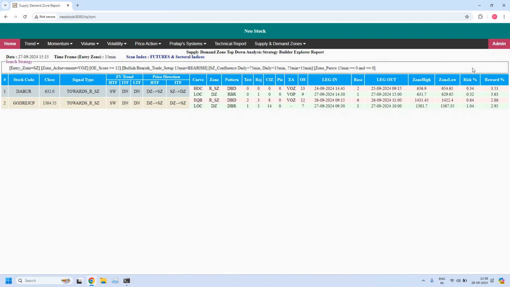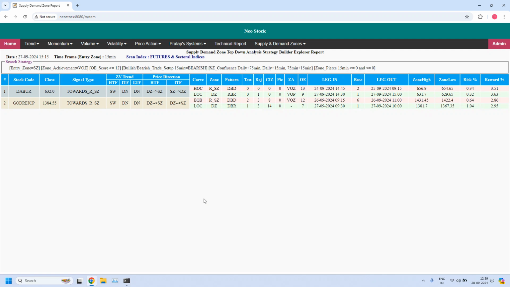Let's verify. 2 stocks are filtered. Both these stocks are having LTF, ITF and HTF confluence. That means 15-minute supply zone is part of 75-minute supply zone. Both together again part of the daily supply zone. That is LTF, ITF, HTF confluence.